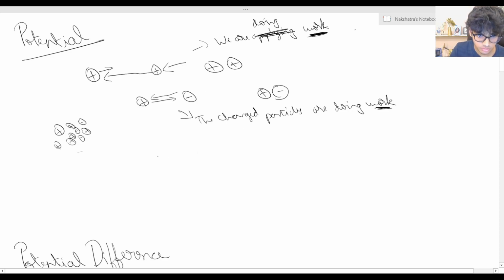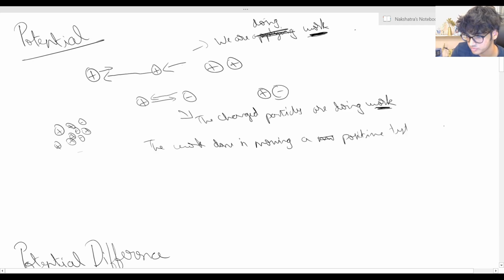The definition of potential is basically the work done in moving a positive test charge from infinity to a point.